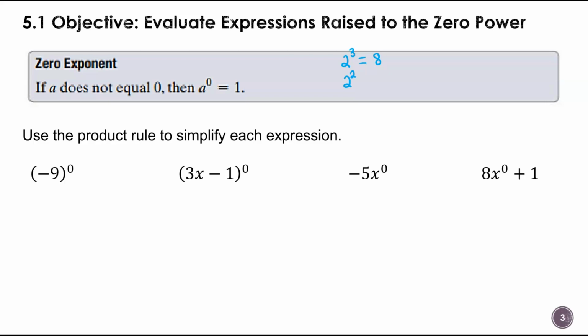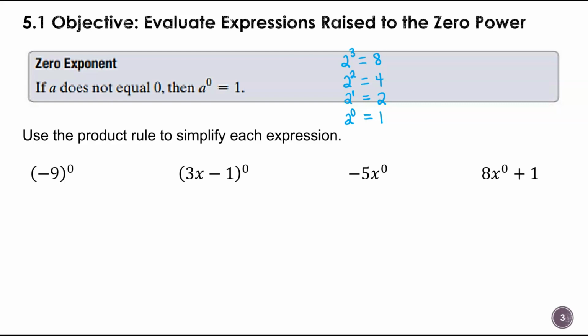You're going to actually have that rule pretty soon. 8 divided by 2 would be 4. If I divide by 2 again, then I have 2 to the first power. 4 divided by 2 is 2. If I divide again, then I'm going to have 2 to the 0 power. 2 divided by 2 is 1. And so that's basically where that comes from, right? So it's about division. That's why we can't do 0 to the 0 power.